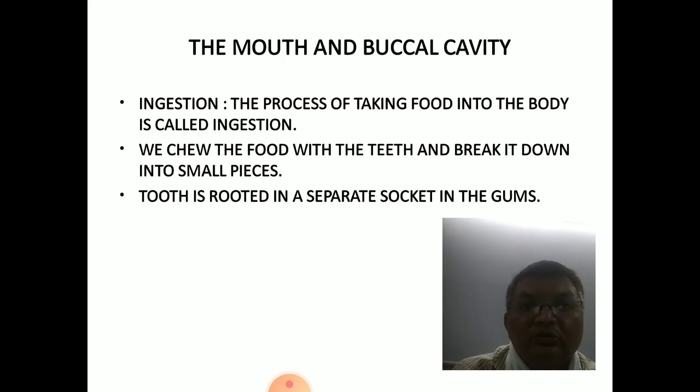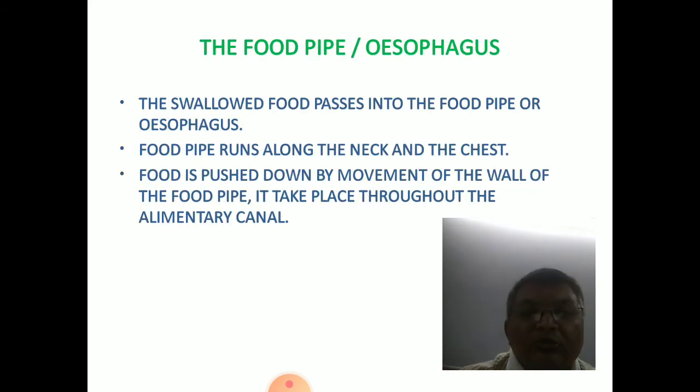Then the tongue releases some saliva, which mixes with the food, and the food becomes soft. That soft food is passed through a pipe, the food pipe, or you can say the esophagus.